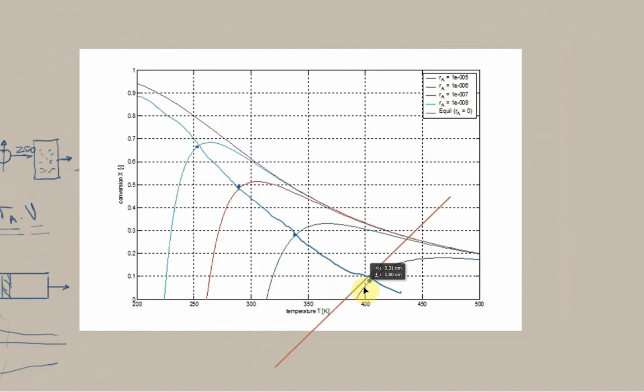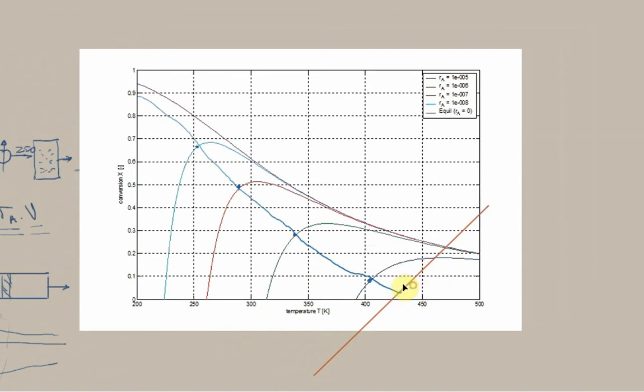So we could say, well, if we start down here, we can get a little reactor, and we will be able to accomplish this conversion very quickly because the reaction rate down here is pretty high.